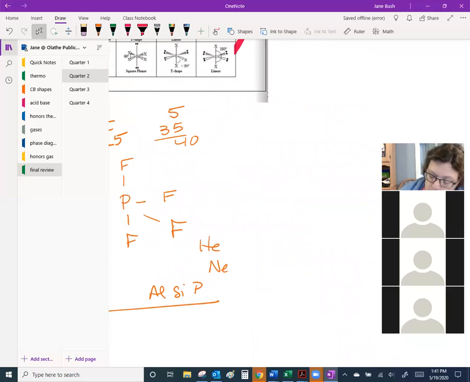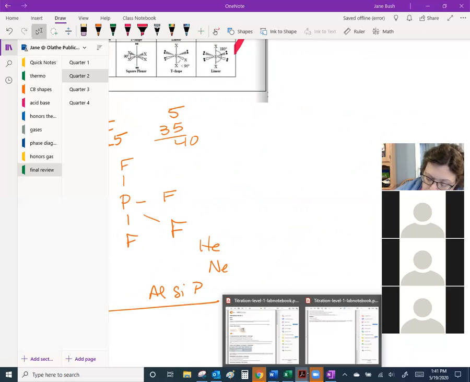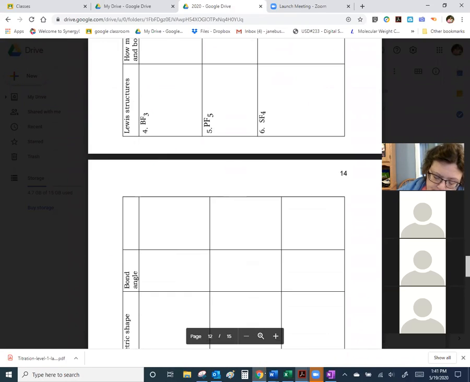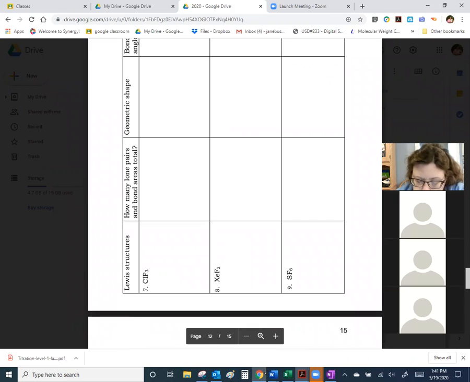Okay, another example. All right, let's do ClF3.